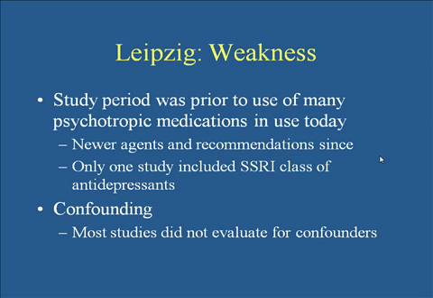Some of the weaknesses of this study, when we look at these data, we have to really keep in mind the study period. And when you think about it, 75 through the late 90s, think about the psychotropic drugs we were using back then. I know I was practicing through that period, and drugs like flurazepam as a sedative hypnotic, Dalmane, were fairly commonly used.